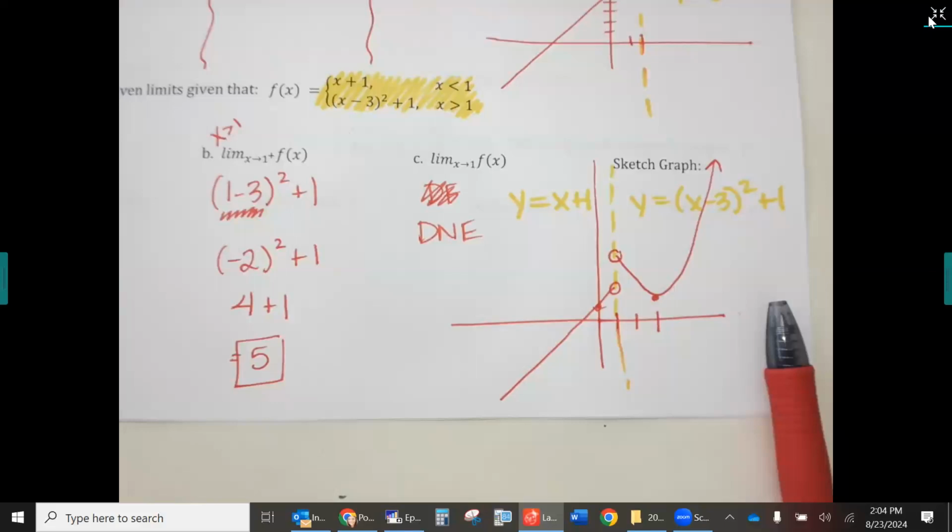Next one. Did you have a quick question? It is 2. 5 minus 2 is 3, and then if you absolute value the number, that's not right.